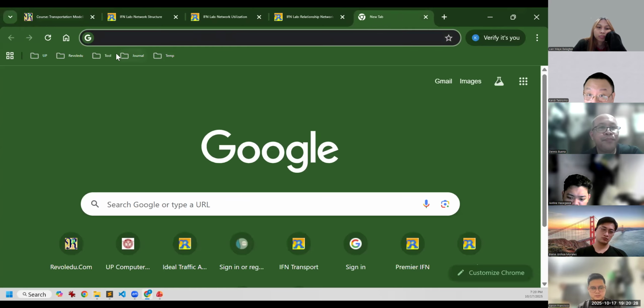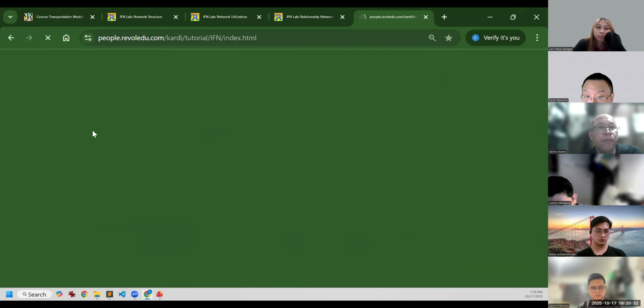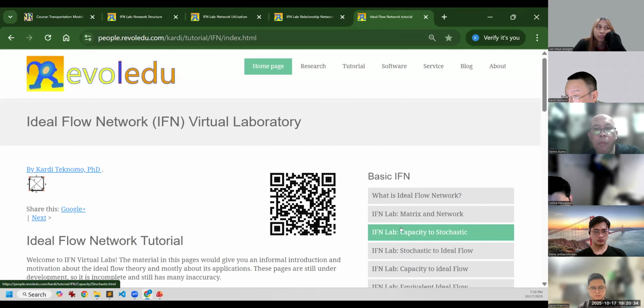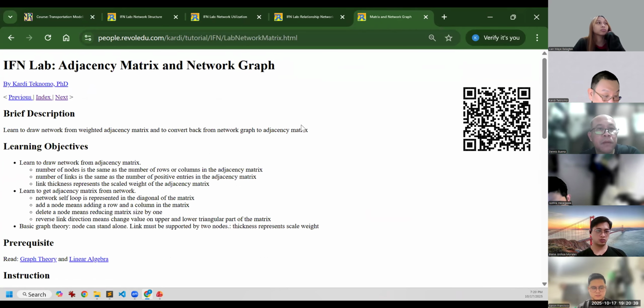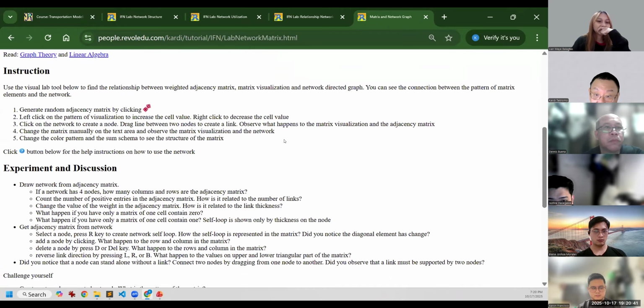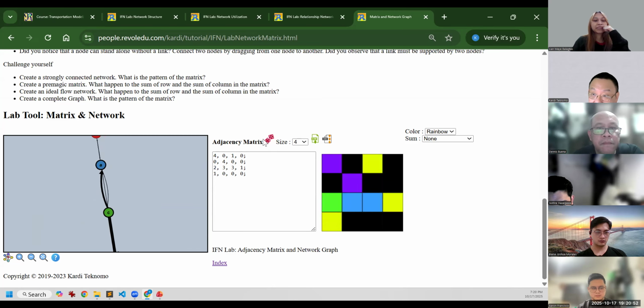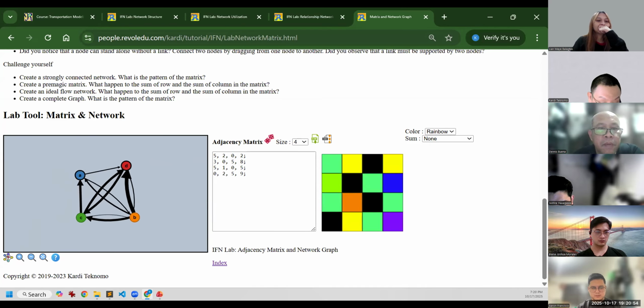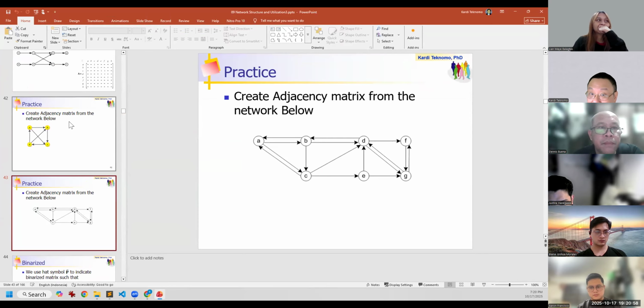I think it is the ideal flow tutorial, the first lab. The first lab is about matrix and adjacency matrix. This is the weighted adjacency matrix, so you can randomize. And for our example a while ago, this one.